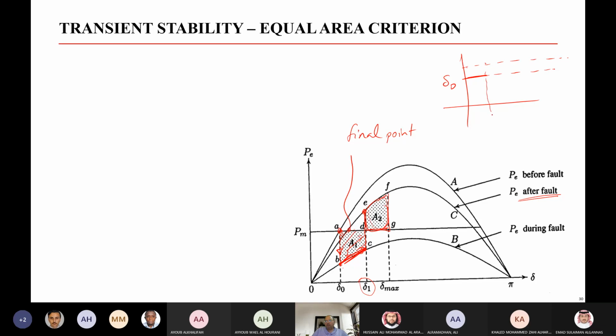If the fault occurs at this time, then the angle will oscillate, come back and forth, and settle down here, slightly shifted up. The angle here is slightly higher than this. Okay, so this is the scenario.